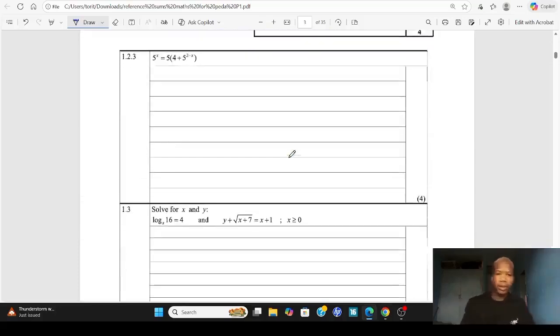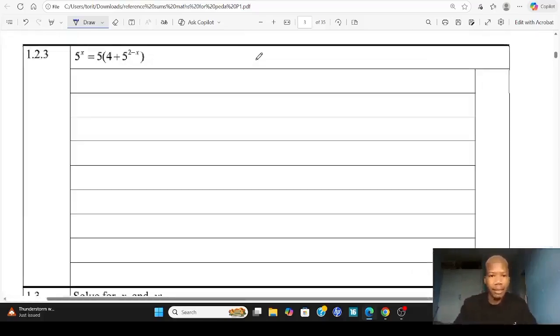Then we proceed to this other question of ours, whereby we have to solve for x. There are many ways to solve this question. The best method that I found to solve this question is using the k method.